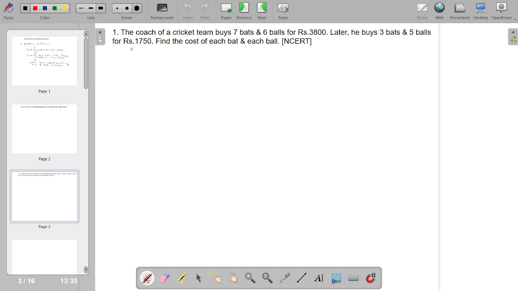The coach bought 7 bats and 6 balls for 3800 rupees, and later he bought 3 bats and 5 balls for 1750 rupees. Now find the cost of each bat and each ball.